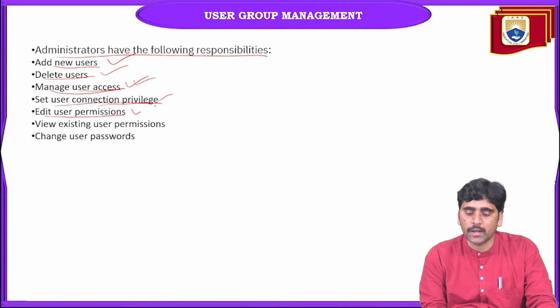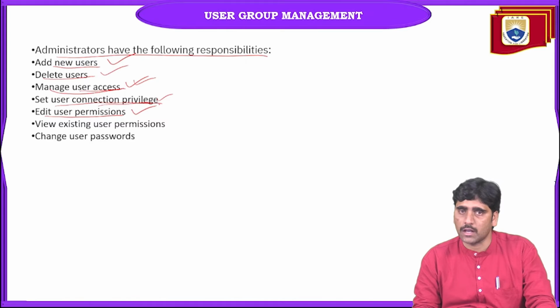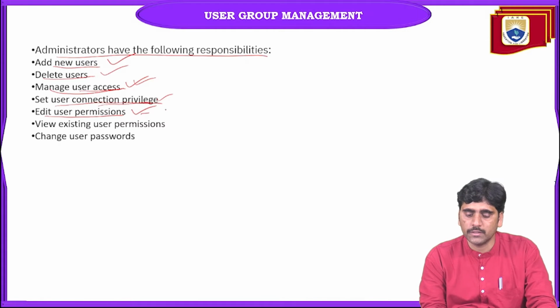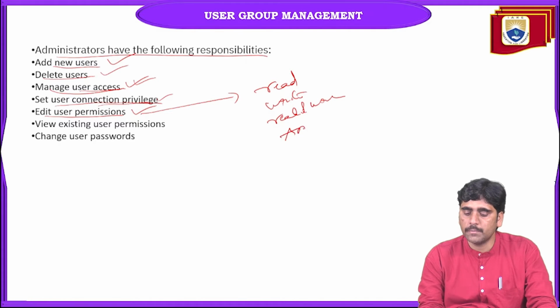And edit user permissions also. Some of the users have read-only permissions, some have write-only permissions, and some can have both read and write permissions, editable permissions, modify permissions. So different types of permissions will be there: read permissions, write permissions, read and write permissions, append permissions, or delete permissions.